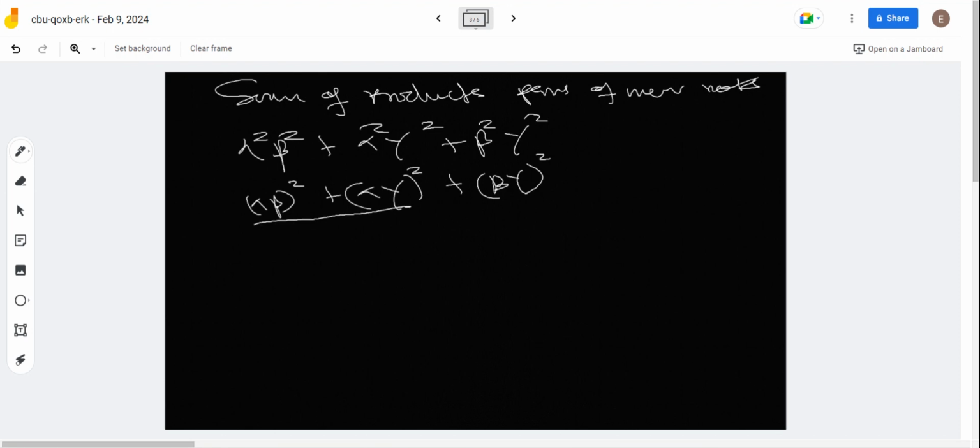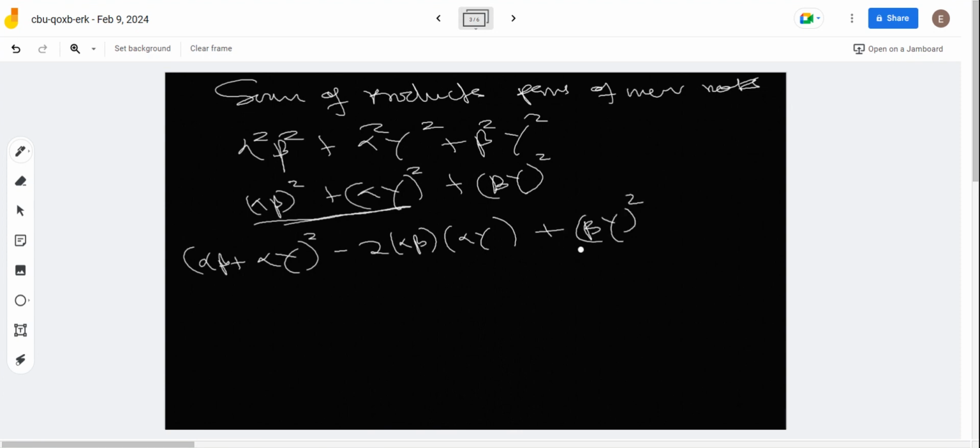Here we can use the sum of two squares: that will be alpha beta plus alpha gamma all squared minus 2 multiplying alpha beta multiplying alpha gamma, then plus beta gamma all squared.